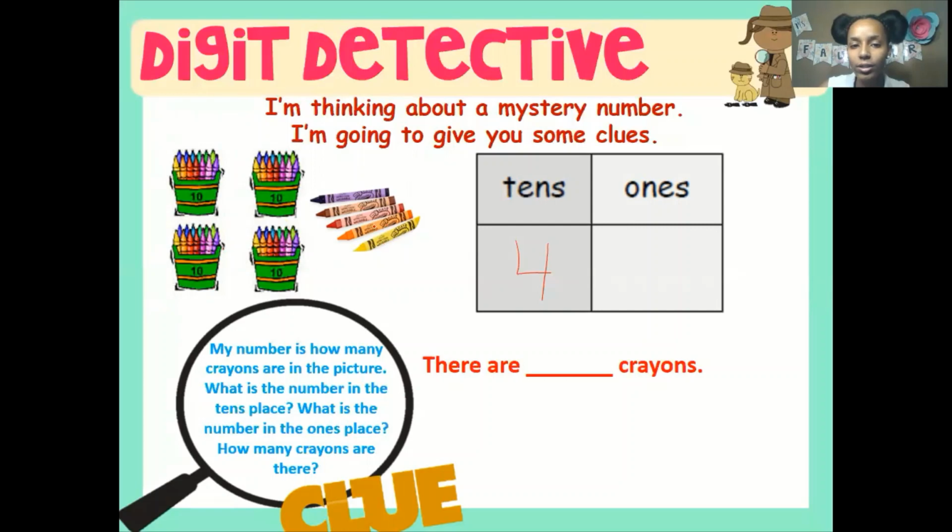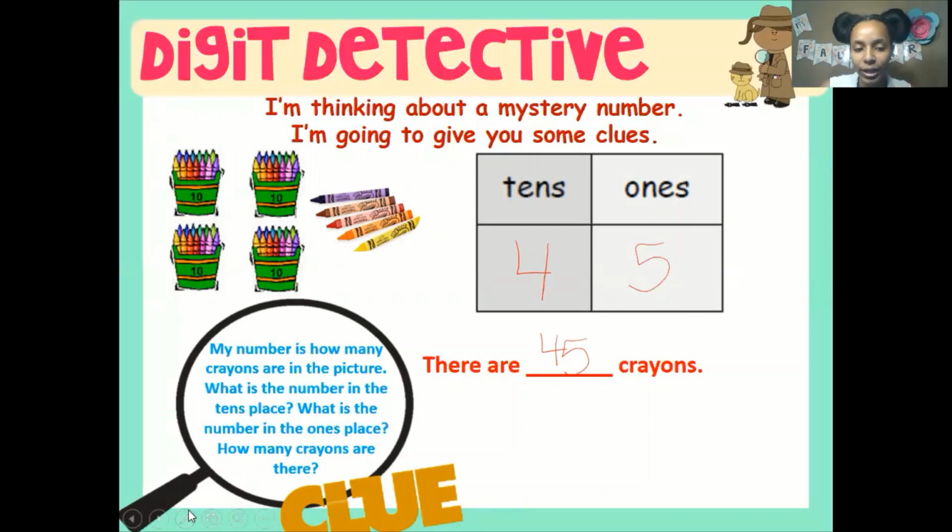And how many ones do we see? Right, we see 5 ones. So we write the number 5 in our place value chart under ones. So how many crayons are there in all? You got it, there are 45 crayons.